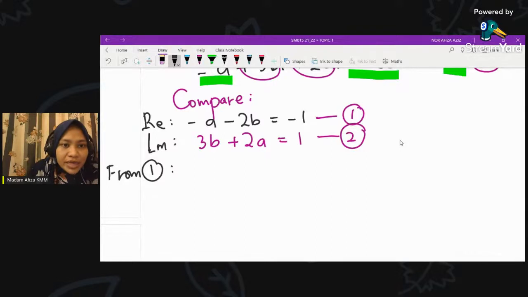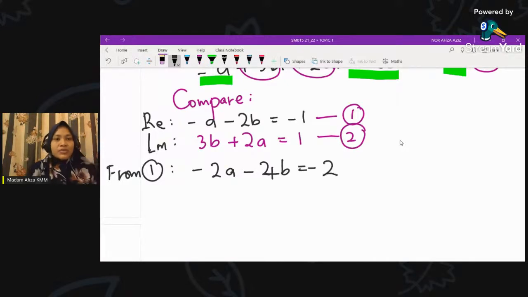So madam akan dapat negative 2A minus 4B equals to negative 2. Ingat, madam darab 2 dekat semua nombor ni. Kenapa madam darab 2? Sebab madam nampak kat sini ada 2A, supaya bila sama 2A nanti boleh tolak atau tambah.